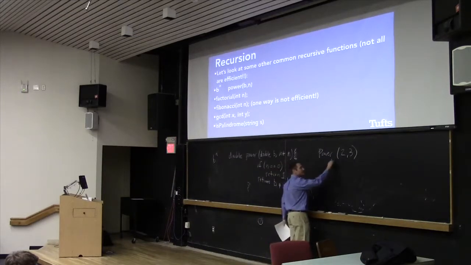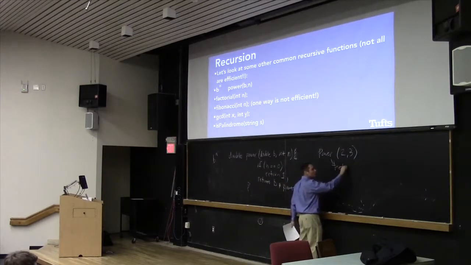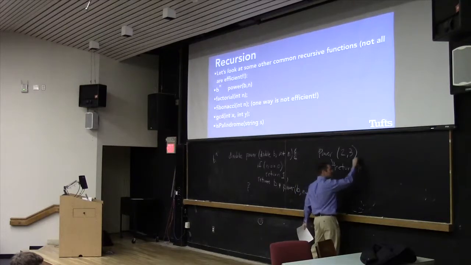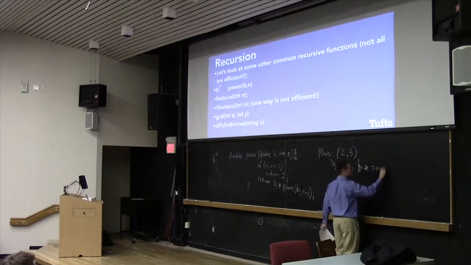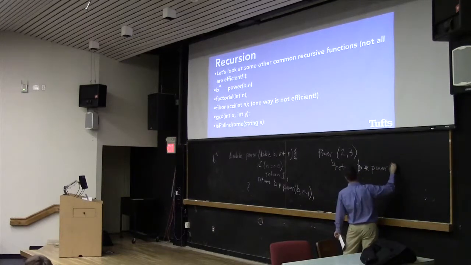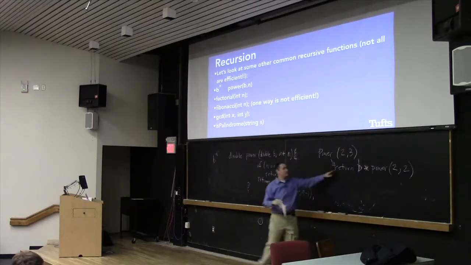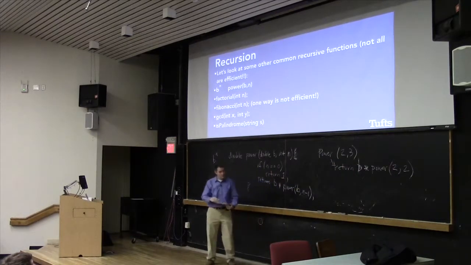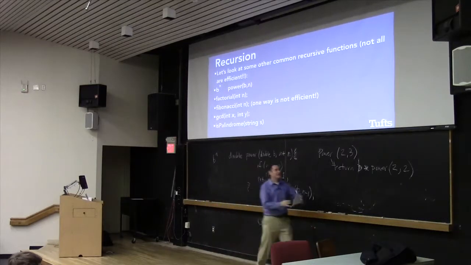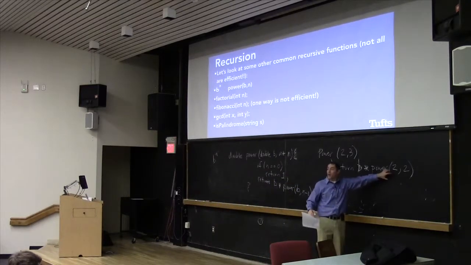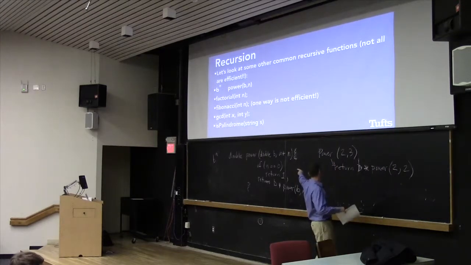So this is going to return b times power of 2, 2. Then we call that power function again, and it goes through the question of whether n equals 0.